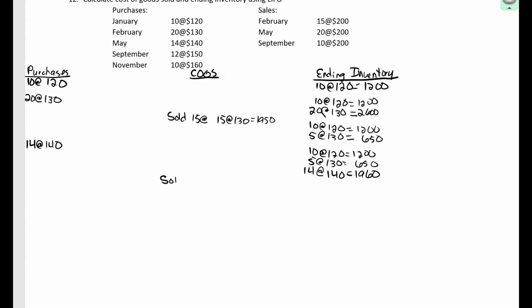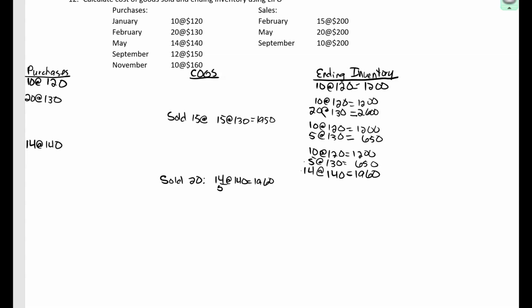Okay, we sold 20. Which ones did we sell? LIFO means you sell the newest ones first. So these 14 went, which were the newest. So all of these are gone. Now we're going to take from the 5 here.